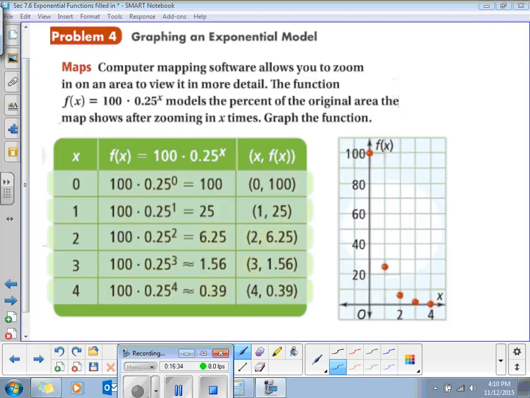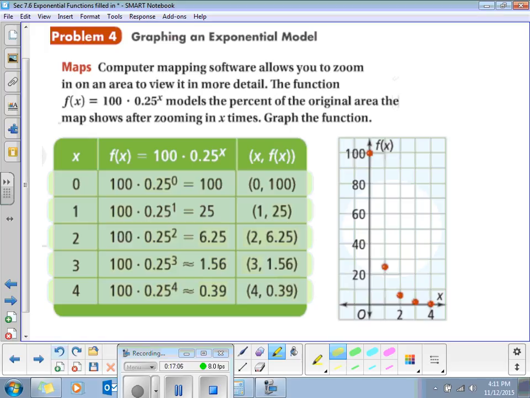Problem 4 is graphing an exponential model. Computer mapping software allows you to zoom in on an area to view it in more detail. The function f of x is equal to 100 times 0.25 to the x power models the percent of the original area the map shows after zooming in x times.